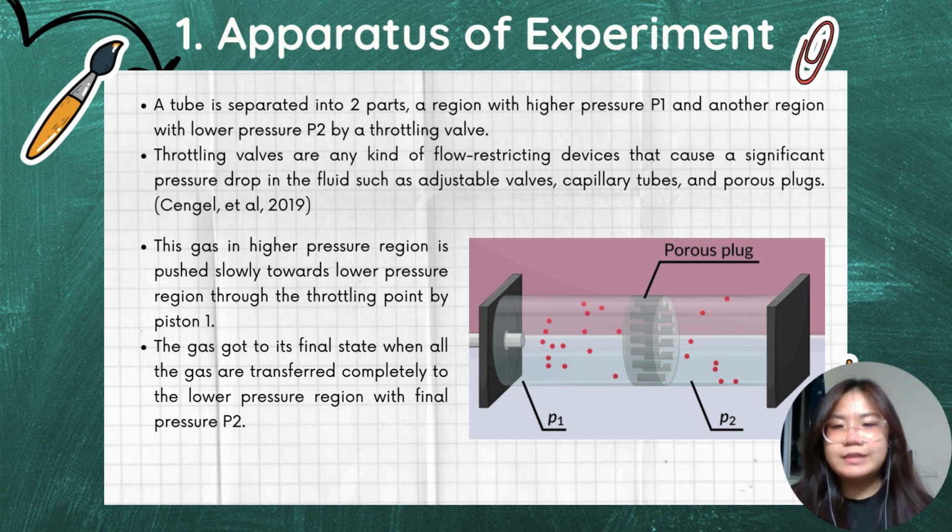A throttling valve is any kind of flow restricting device that can cause a significant pressure drop in the fluid, such as adjustable valves, capillary tubes, and porous plugs. The gas in the higher pressure region is pushed slowly towards the lower pressure region through the throttling point by piston 1. The gas reaches its final state when all the gas has been transferred completely to the lower pressure region with final pressure P2.